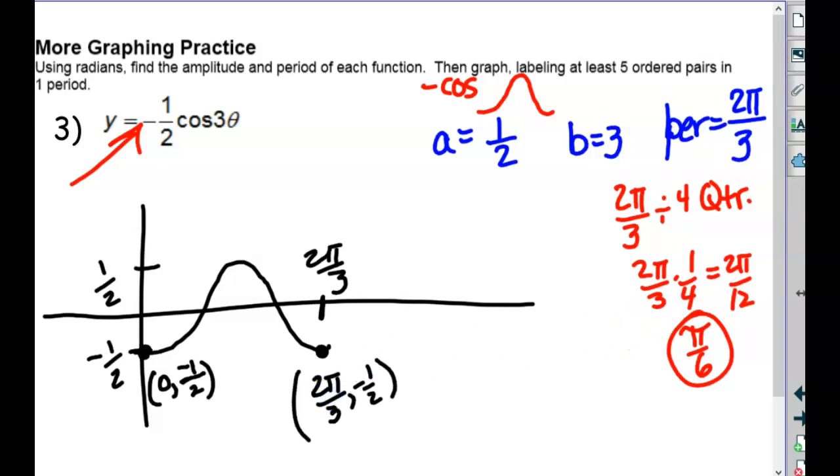So we've got to go back and count by pi over 6, the quarter. We had one in between here, and this one, and this one. My graph is stretched kind of funny, always. Some of you know what that middle one is because it's halfway to 2 pi over 3, which would be 1 pi over 3. But otherwise, just count by pi over 6s. The first one should be pi over 6.